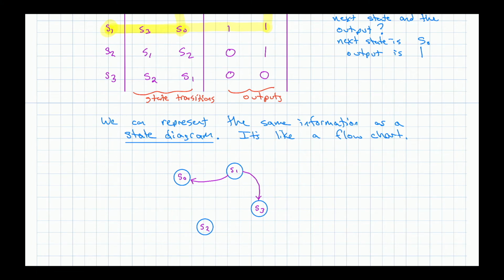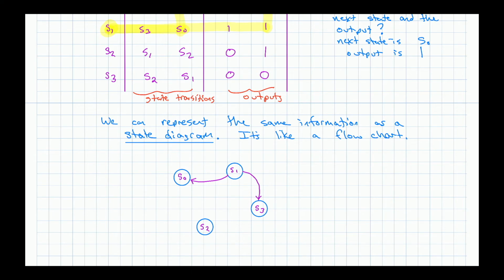Now, you have to label these somehow, right? I can see that S1 goes to S3 and S1 goes to S0 with those arrows, but I can't see under what circumstances that is the case. So what you have to do is label the input and the output on that line.